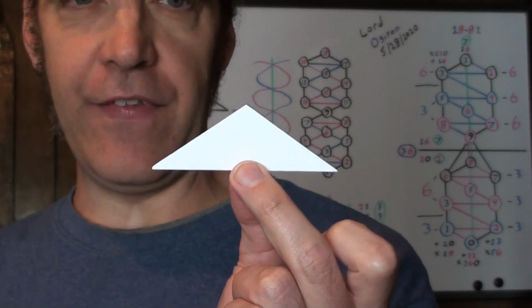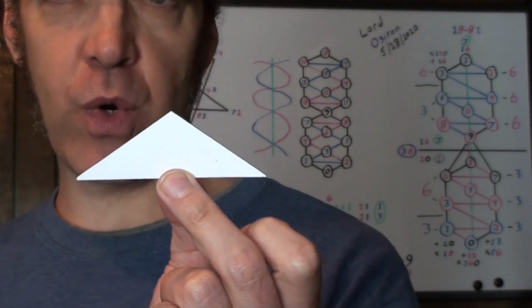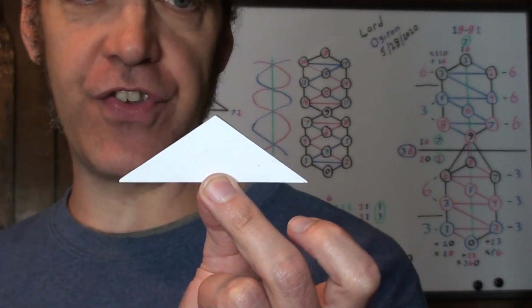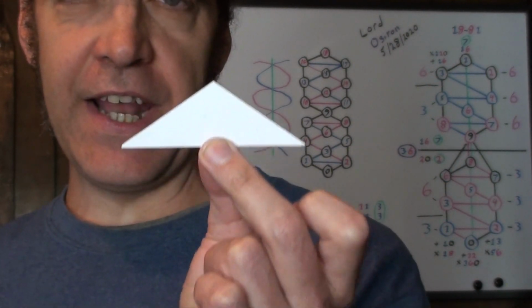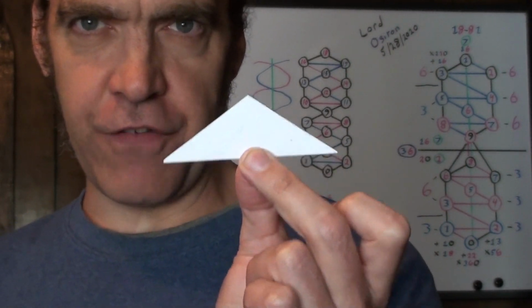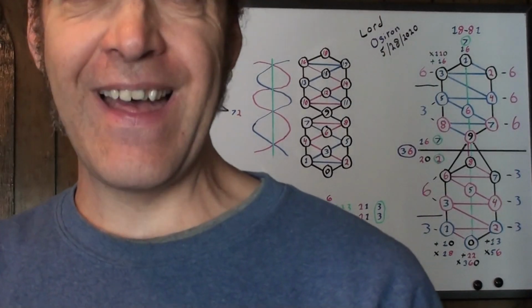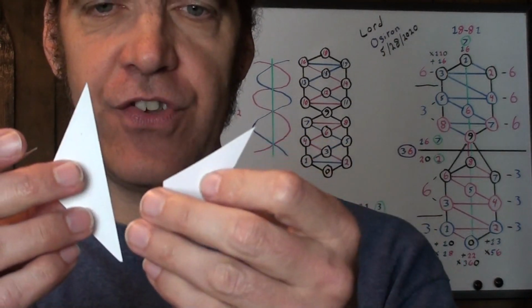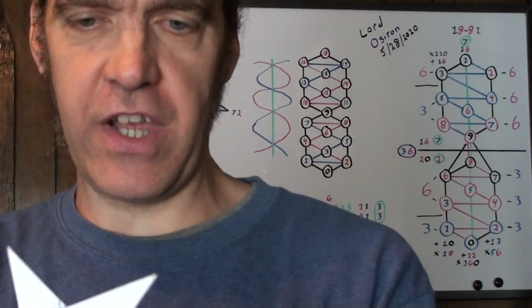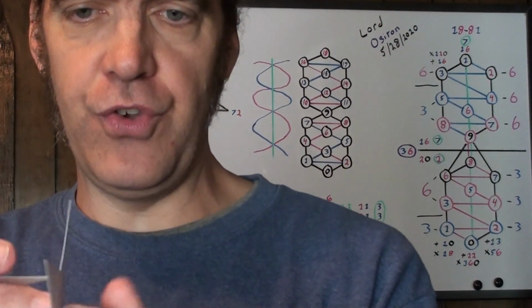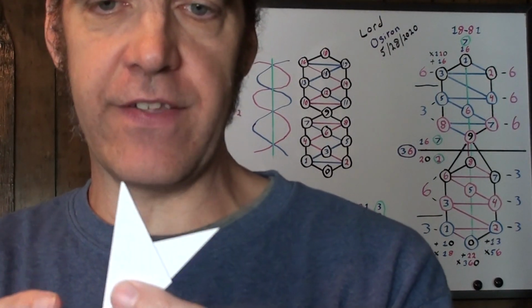The angular degrees, the top one's 108, and the two side ones 36. And it takes 3 of these to form a pentagram. What you do is you take 2 of these, and you join them like this.